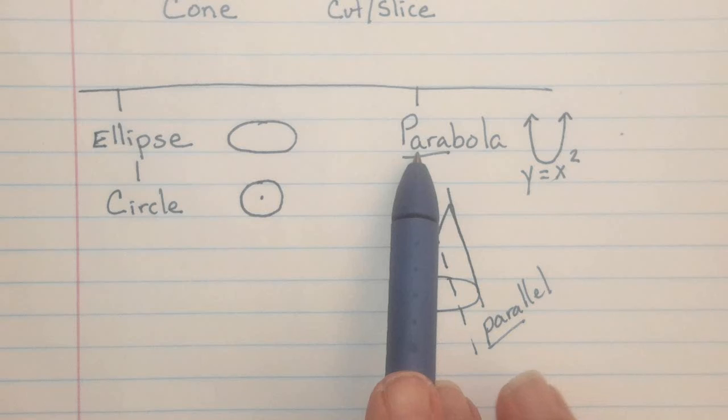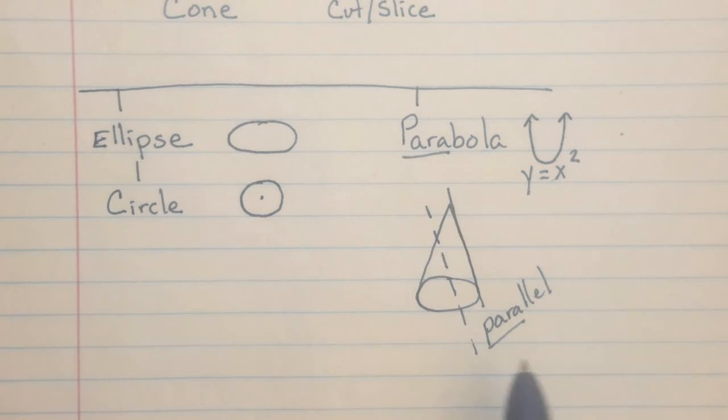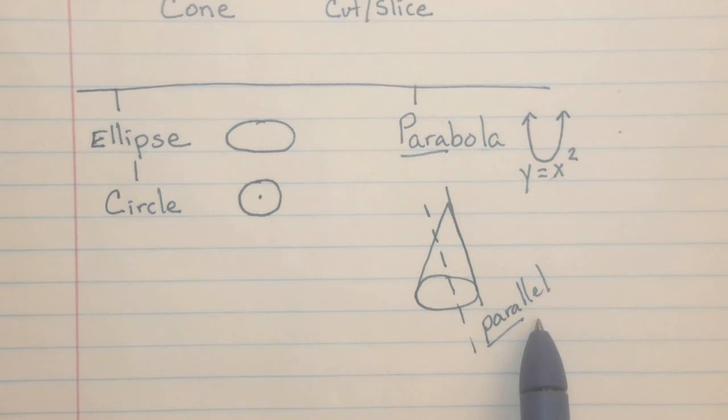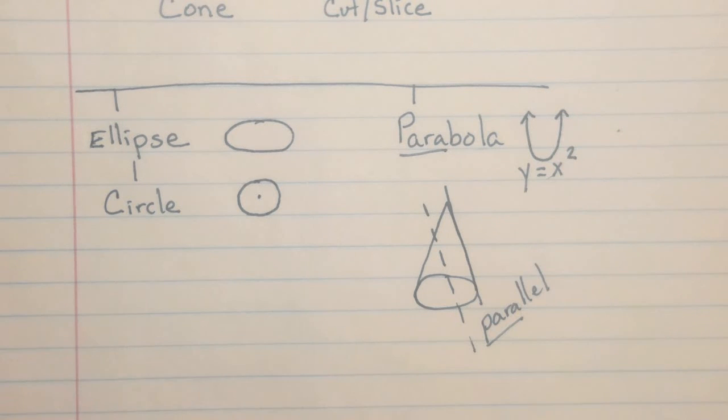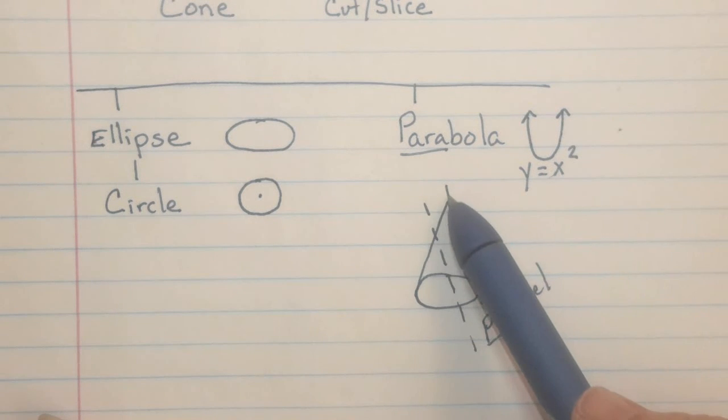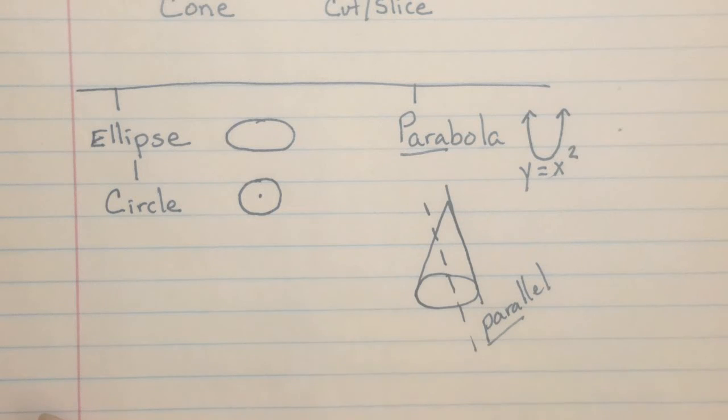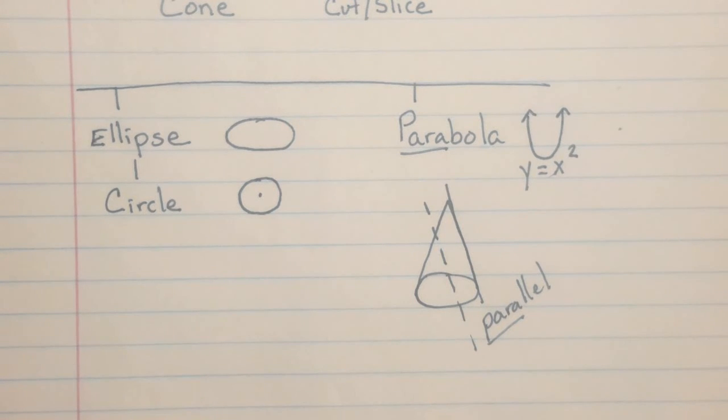And so the word parabola comes from parallel. Now when you study your parabola from a function perspective, you're like, what does a parabola have to do with being parallel? There's no connection there. But when you know that your parabola comes from being parallel to the side of the cone, then you can see that connection in the word.